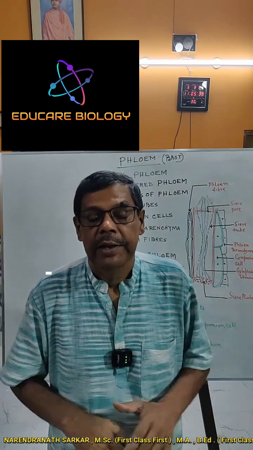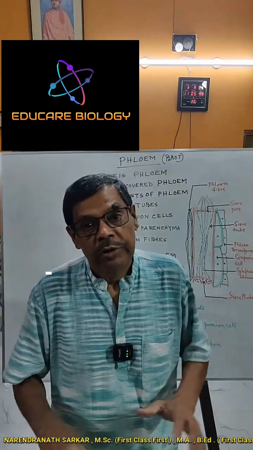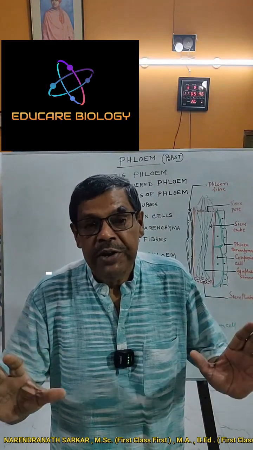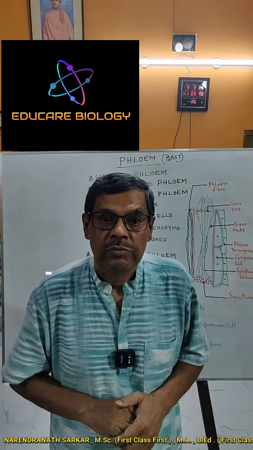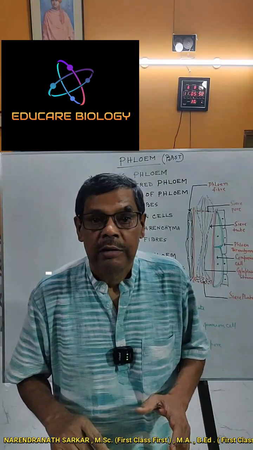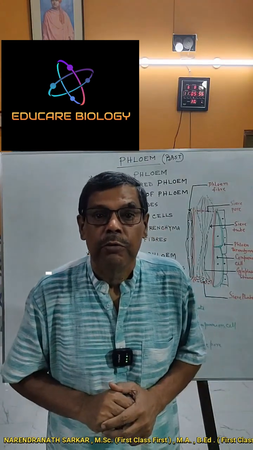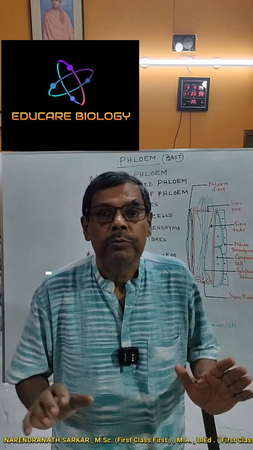In primary phloem, the phloem which differentiates from the procambium strand first, and whose diameter is narrow, is called protophloem.